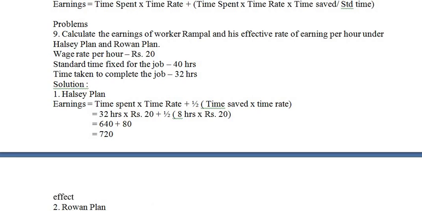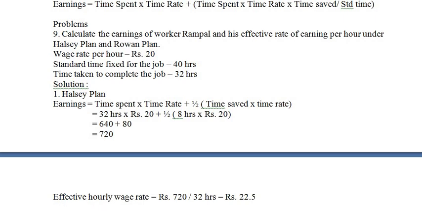Effective hourly wage rate is equal to his earnings of rupees 720 divided by the hours he has worked, 32 hours, which is equal to rupees 22.5.